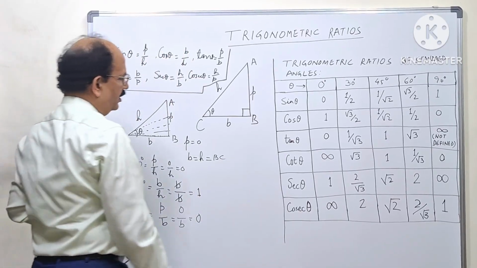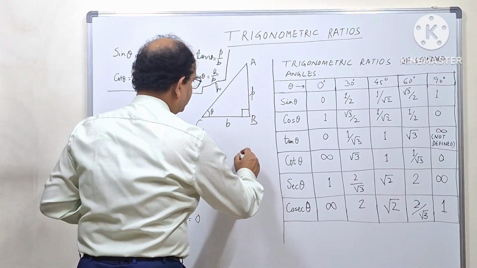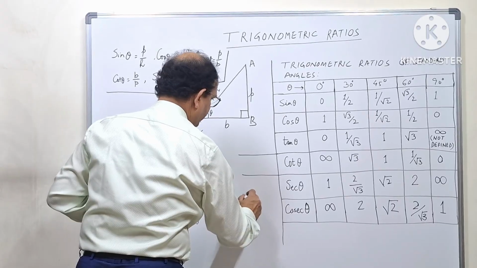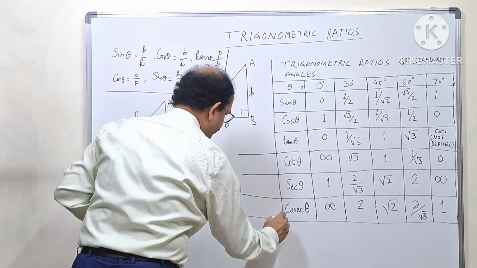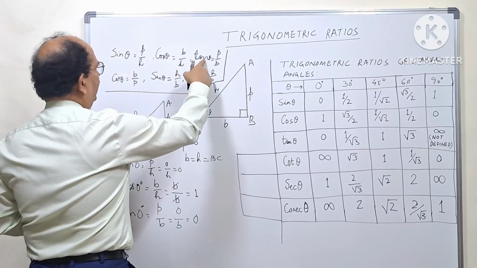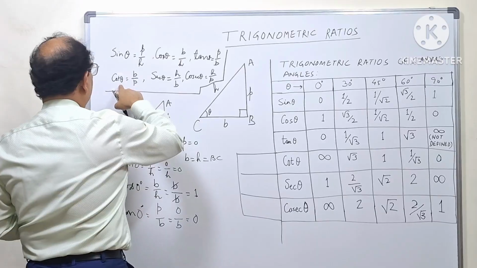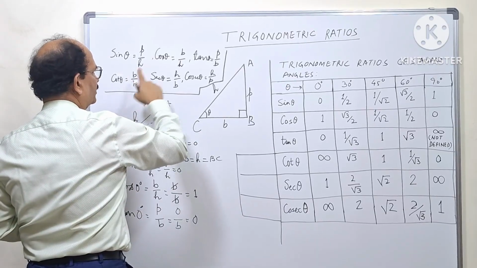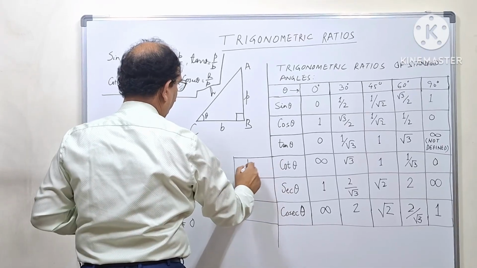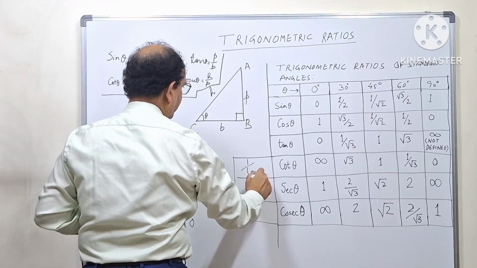Also, you will see a pattern, and just for convenience I am writing it here: tan theta is p by b and cot theta is base by perpendicular. So just inverse. So you can write cot theta is equal to 1 upon tan theta.